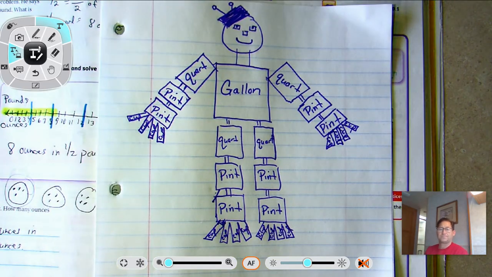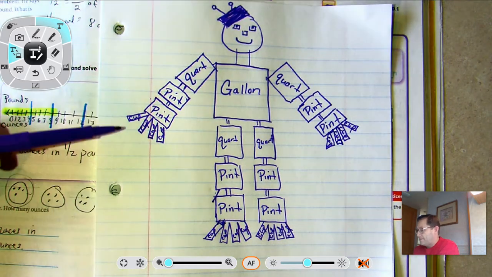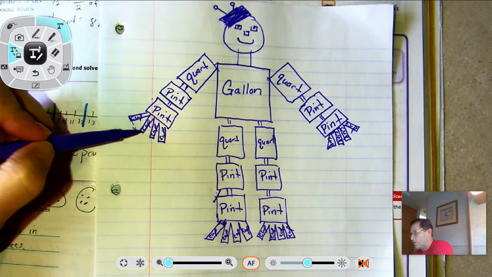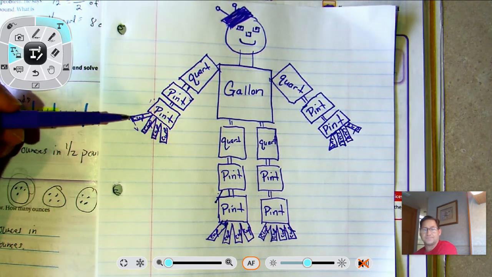All right, so there are 2 cups in every pint. There are 4 cups in 2 pints.